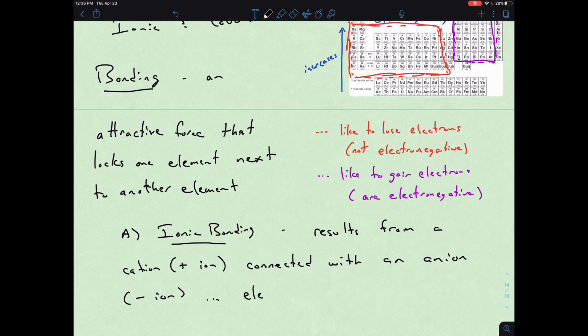It's what they call electrostatic attraction. And eventually we'll get into talking about Coulomb's law as far as describing that.